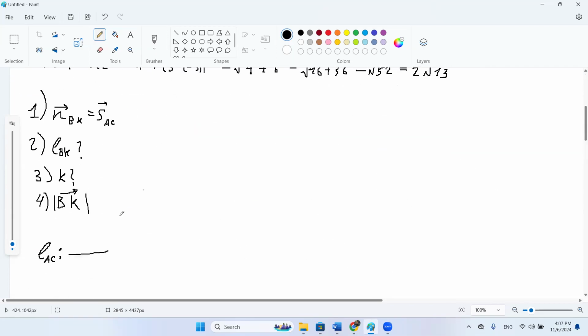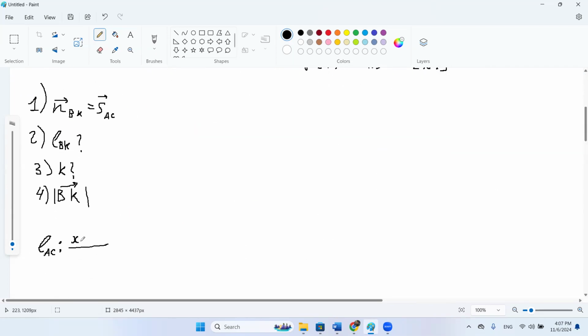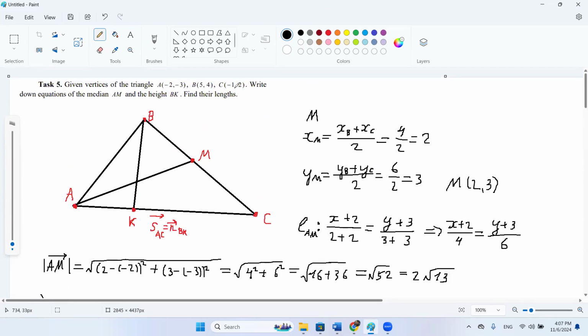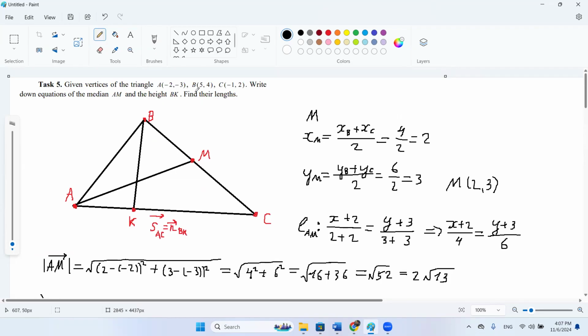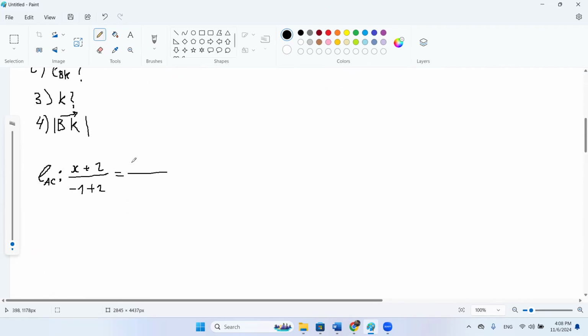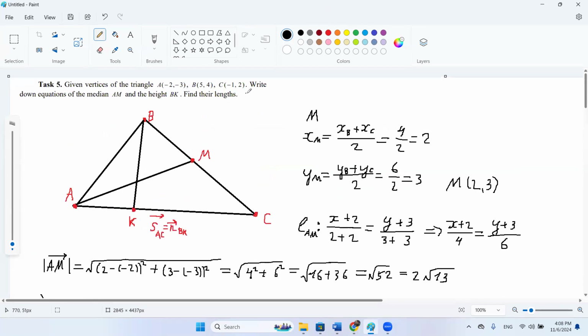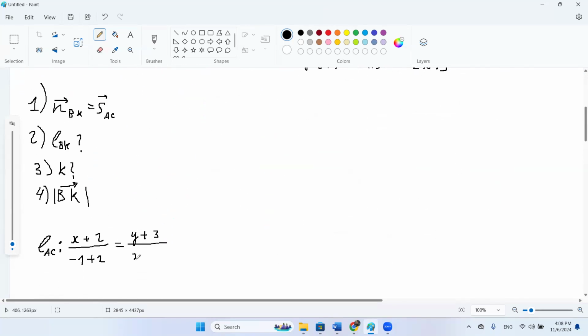The first will be A: (x plus 2) divided by (minus 1 plus 2) equals (y plus 3) divided by (2 plus 3).